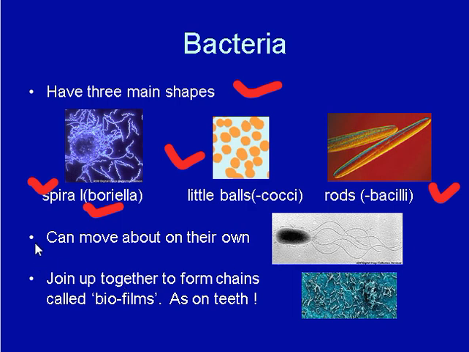The second can move about on their own. Third, they join up together to form chains. The bacteria join up together to form communities called biofilm, as on teeth you can observe it.